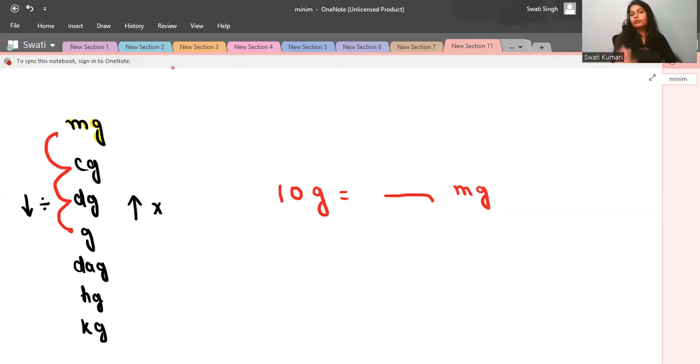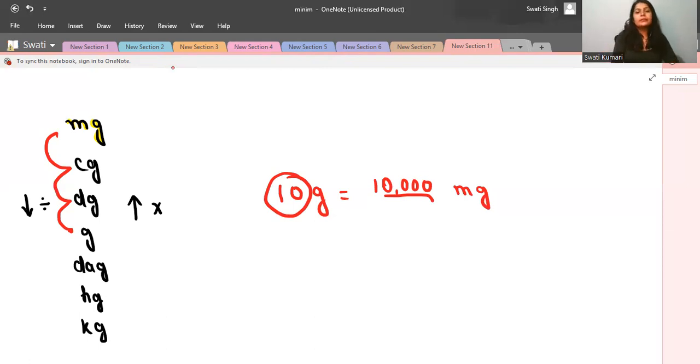Now, of course, you are going above, so you will multiply that 1000 by this number. So 10 into 1000 will become 10,000. Therefore, in 10 gram, there are 10,000 milligrams.